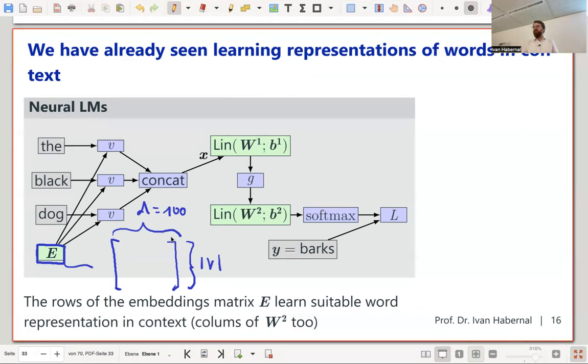We can just design it, because they don't represent anything existing in the so-called real world. They don't belong to categories. This is just an internal design choice of the network, and we can design it as we want. Yeah, so your question.